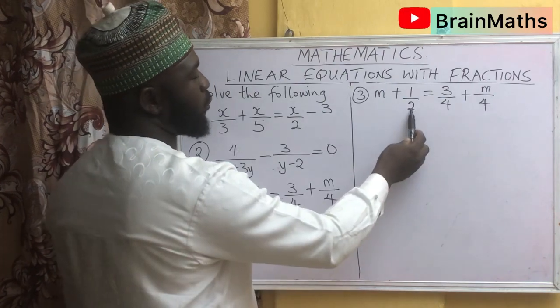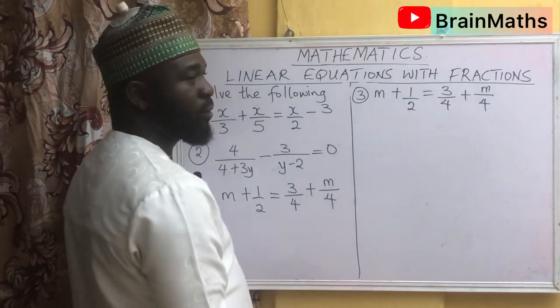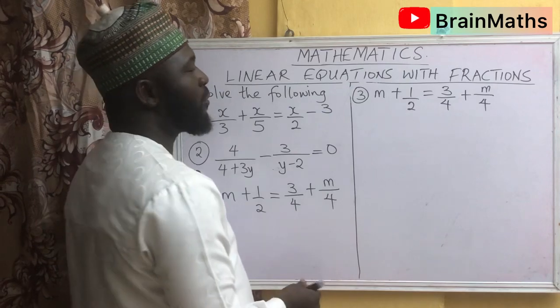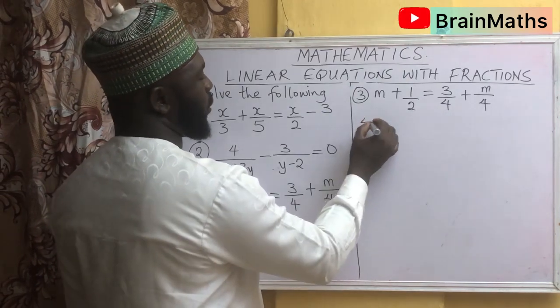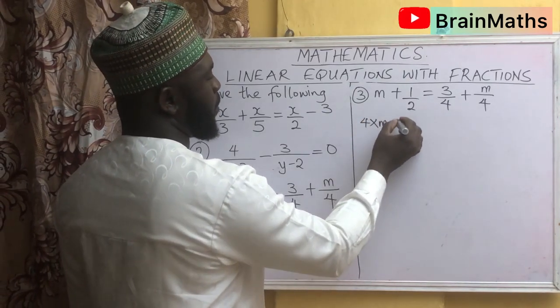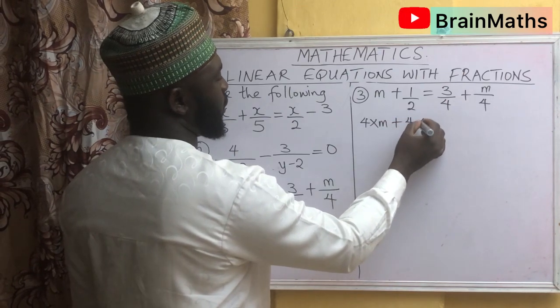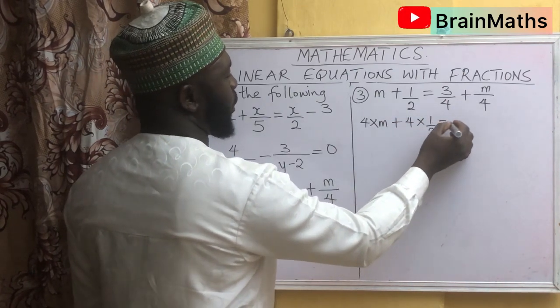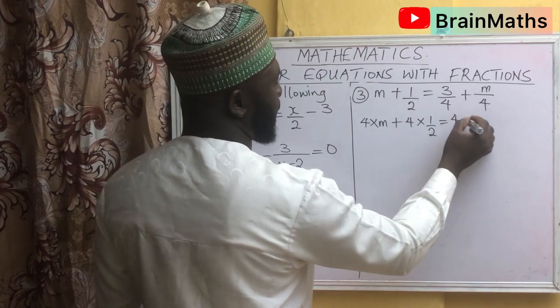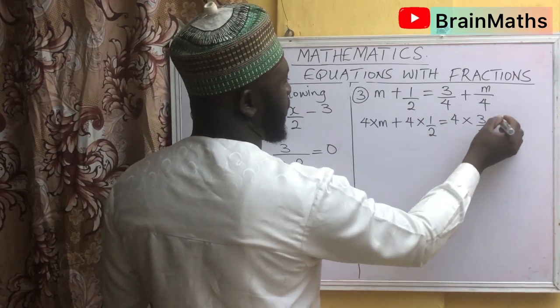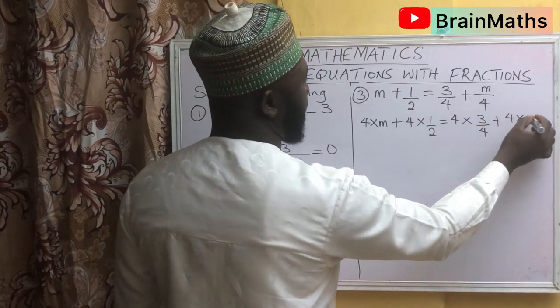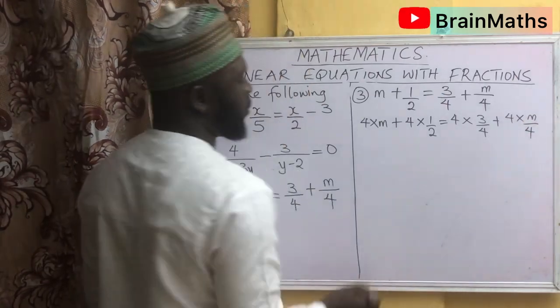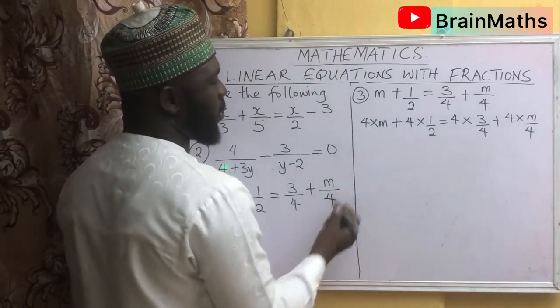The LCM of 2 and 4 is actually 4, so we multiply everything by 4. So we say 4 times m plus 4 times 1 over 2 equals 4 times 3 over 4 plus 4 times m over 4. So let's multiply out.